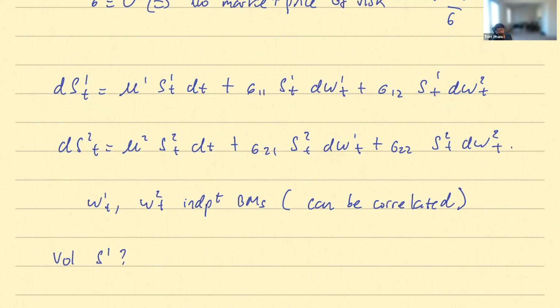If you look at this model, what's the volatility of S1? Am I doing a legitimate model, or is this model completely whacked, meaning that it doesn't fit into the framework of what we did before?